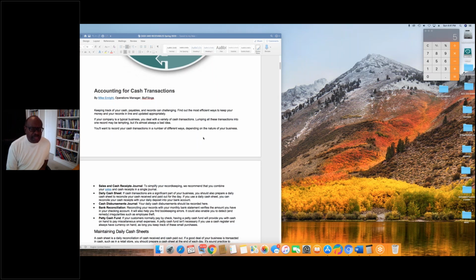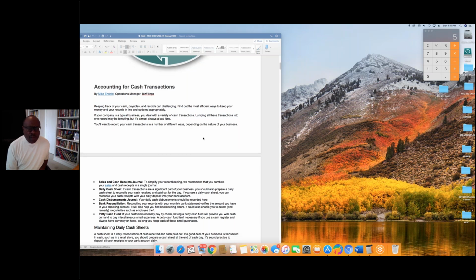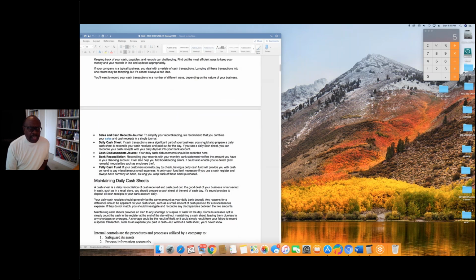And in a typical business, we're going to have more than one journal. We're going to have a sales, receipt, and cash journal, so all the sales and receipts are in one place. And then we're going to have a cash disbursements journal, so all the payments are in a different place.